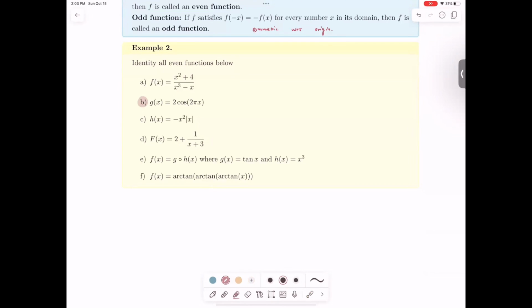Let's check B, C, E, F. Determine if they're even, odd, or neither.